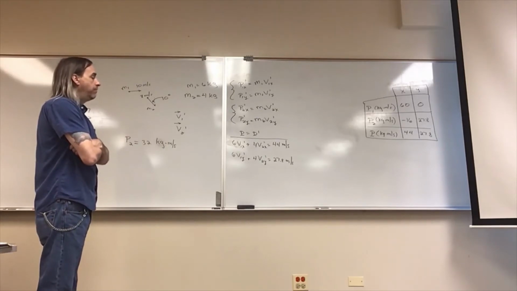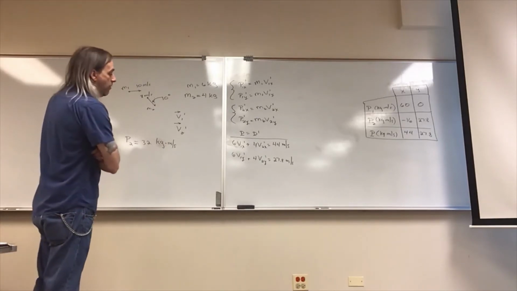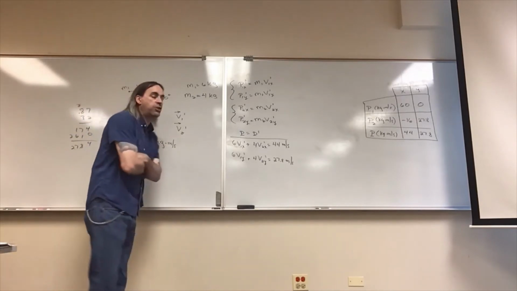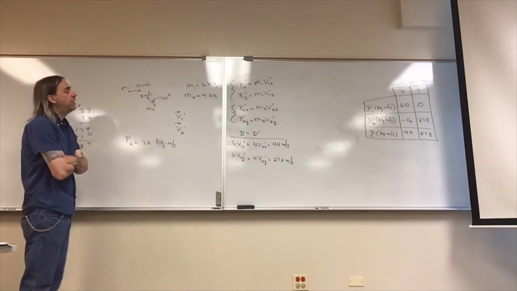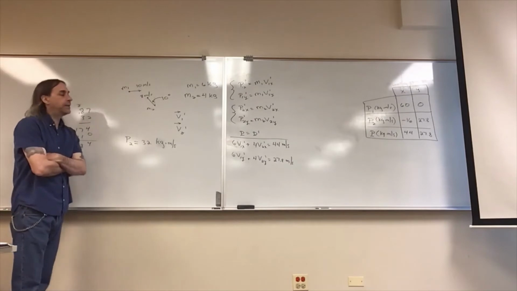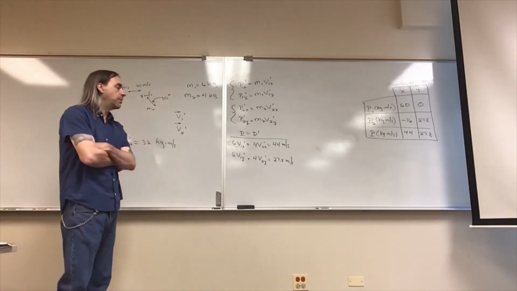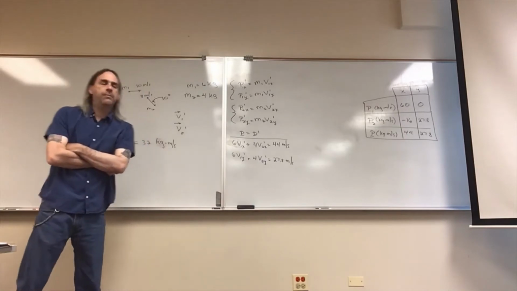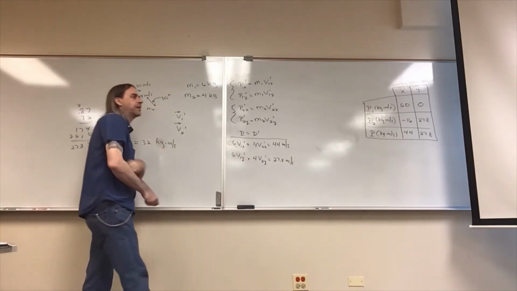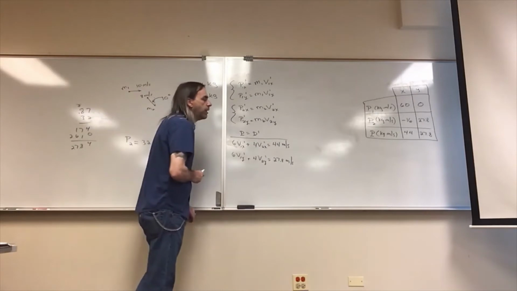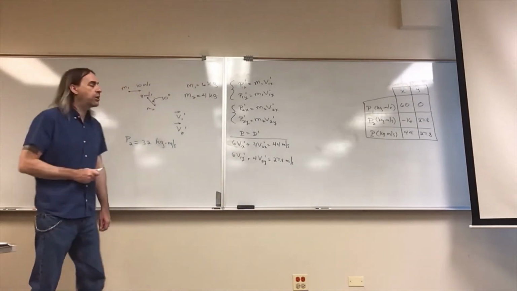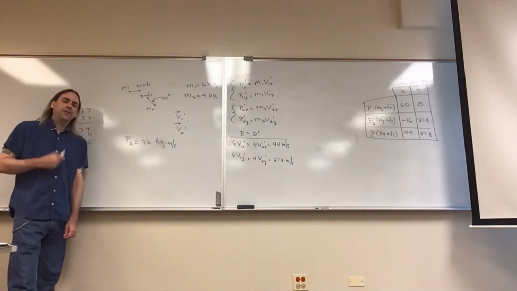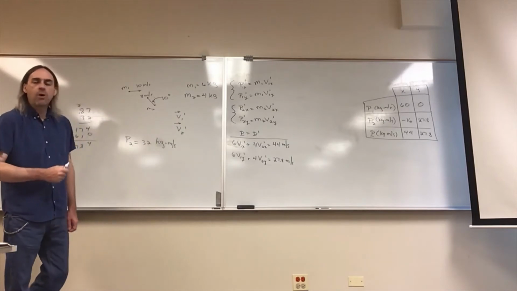And we basically need at least 2 more pieces of information to be able to solve this system of equations. So one thing I could do, if I was giving you a problem like this, I could give you the velocity of one of the particles after the collision, but I'd have to give you both of the components.